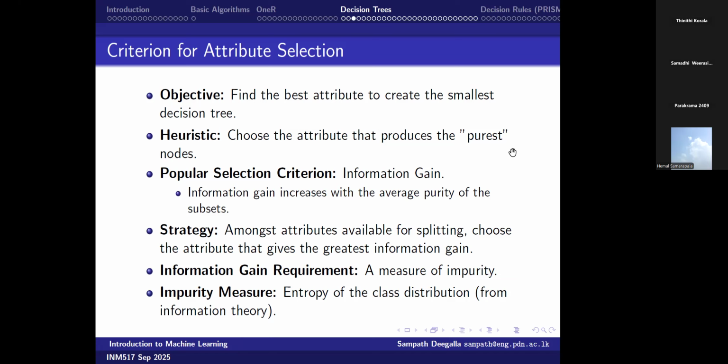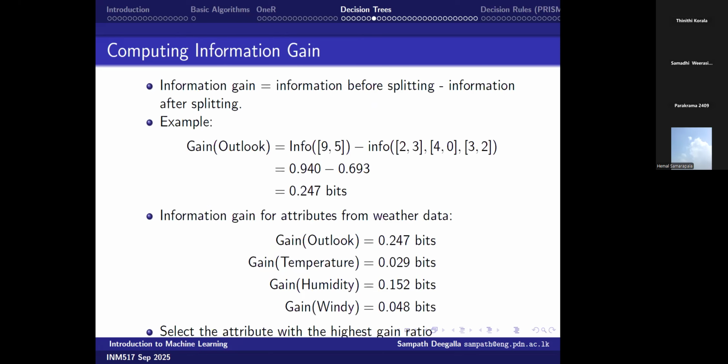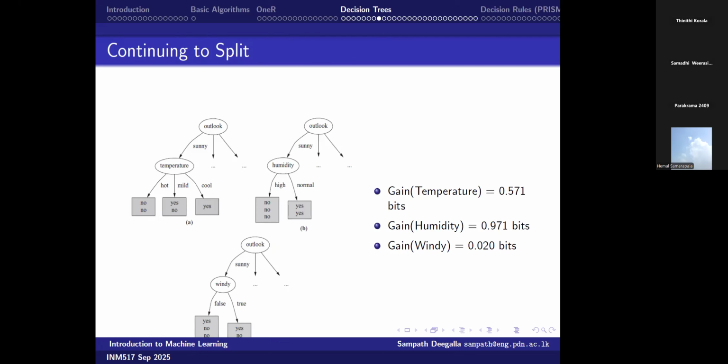So if you follow the same steps, then what happens? You are getting the Outlook attribute as the best one. So let me go through the next step first. So you get the Outlook, right? Then the next step, you are trying to find the next attribute.